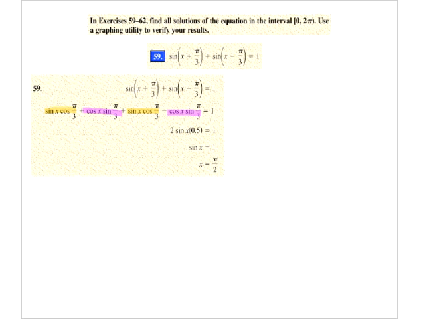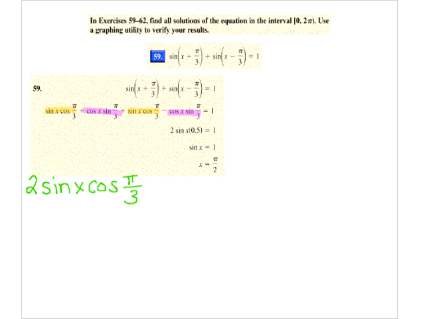The last one is very similar to this. Let's just expand those. We get the following using our formulas. Let's combine like terms. We get 2 sine x cosine pi/3, and the other ones cancel out.